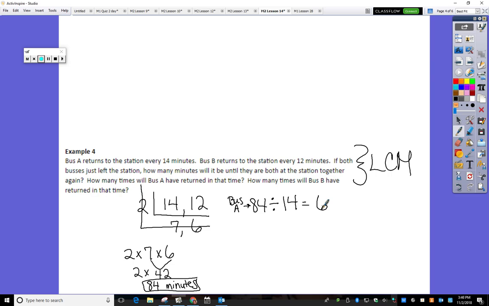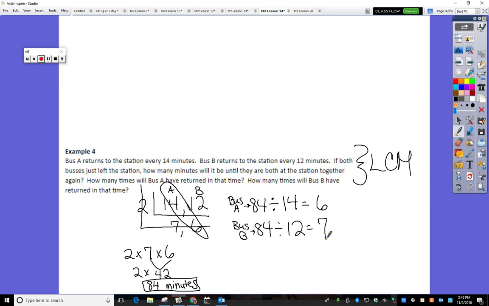And notice this is bus A, this is bus B. 14 is here. Underneath it is 7. That's not the answer we get here. It's actually the diagonal for LCM, not directly underneath like it is for GCF. So then for bus B, we would take the 84 and divide it by the 12 minutes, and this would give us the 7.